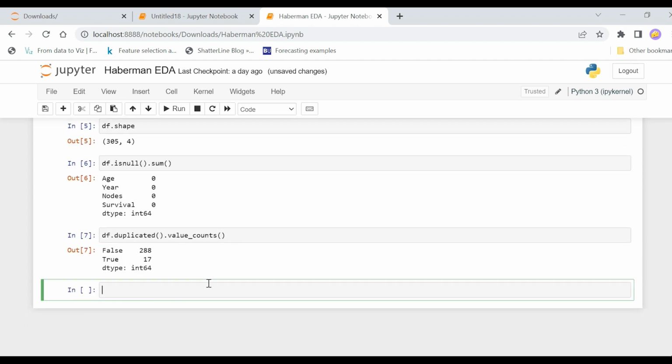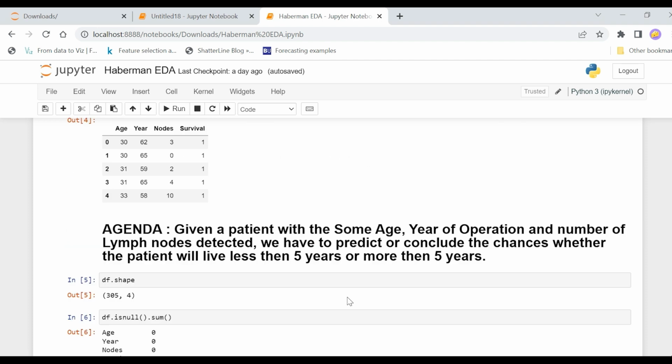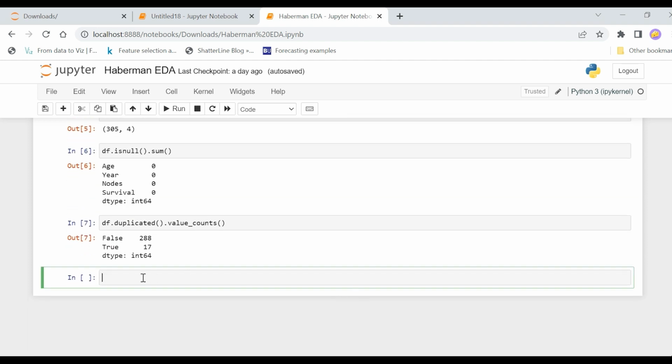So if I see here, I don't think I should be removing the duplicates, because people having the same age, operation year and number of nodes, and surviving the same, can create some doubt that this cannot happen. This can happen. This is very much possible. So we will not remove the duplicate values here.